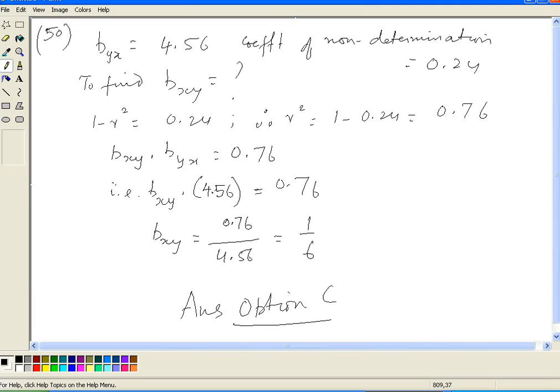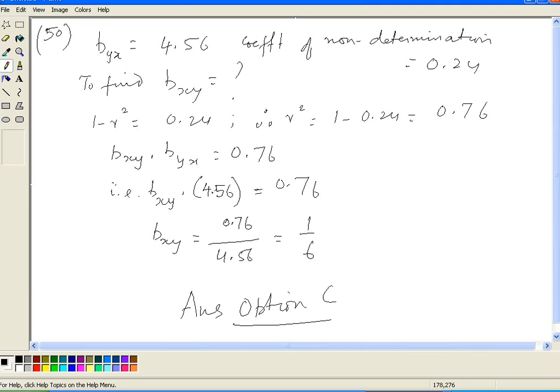Coefficient of non-determination is 0.24. The regression coefficient of x on y needs to be found. We know that 1 minus r squared is equal to 0.24, where r is the correlation coefficient. So r squared will work out to be 0.76.